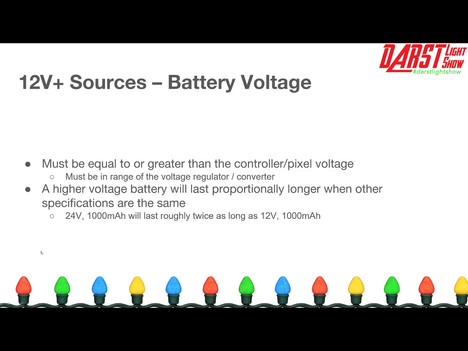Because when you take this 24 volts and split it in half through a converter, you now have a 2,000 milliamp hour rating. Now, it's not exactly, again, you lose things in conversion and efficiency and all that kind of stuff. But the general idea is you're going to get about twice the capacity at half the voltage. Okay.